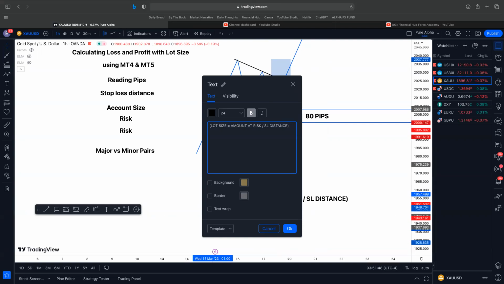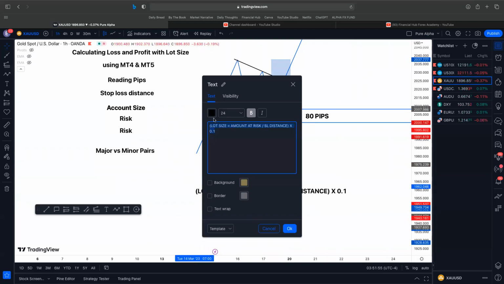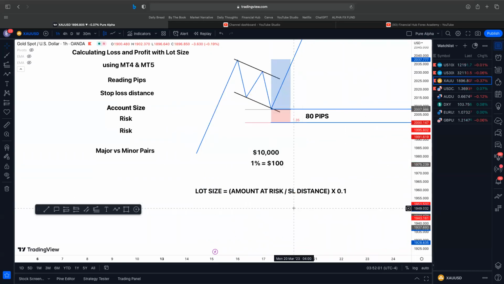Sorry, I got this wrong, let me remove that. Basic mathematics: lot size equals amount at risk divided by stop loss distance, times 0.1.